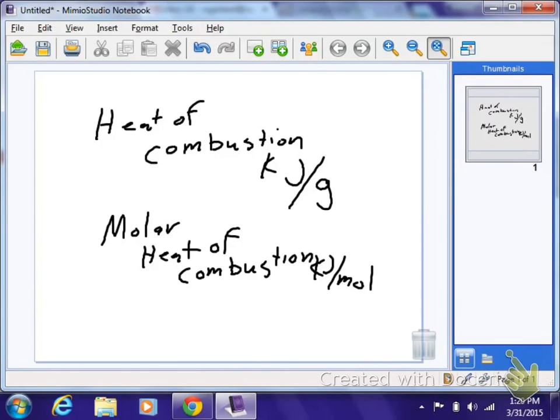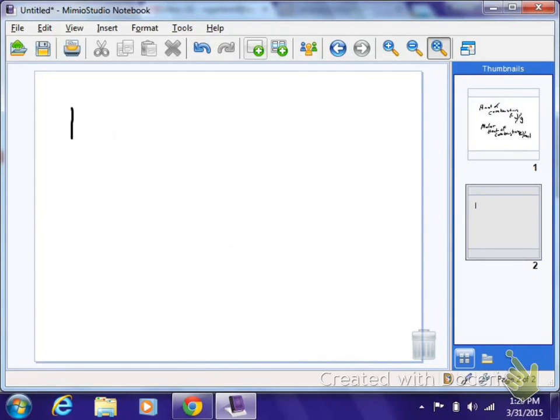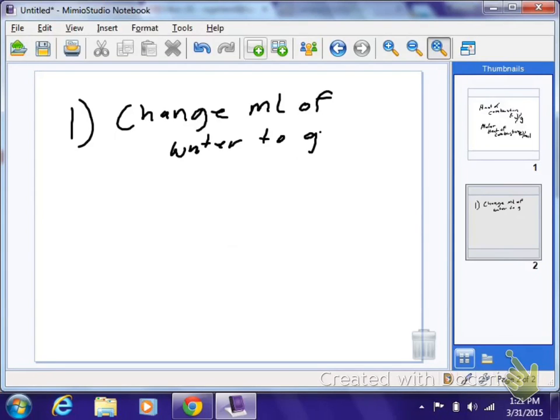Okay, so number 1, we had to change milliliters of water to moles, or I'm sorry, to grams. Now for water, it's pretty easy because the density of water is 1.